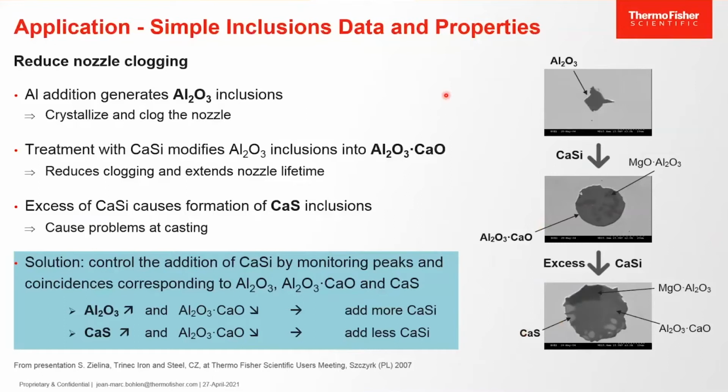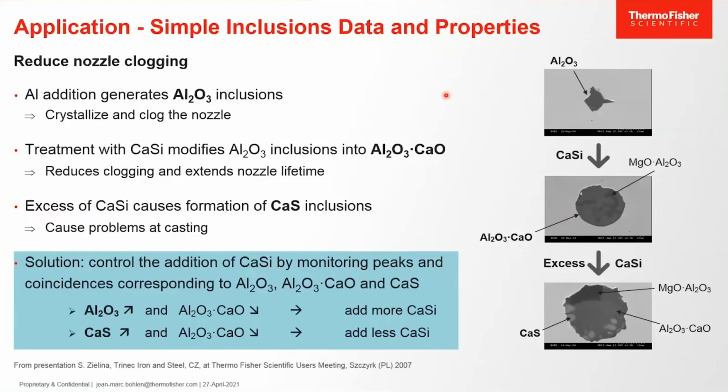So the idea is that when aluminum oxide inclusions increase and calcium aluminate inclusions decrease, you have to add more calcium compounds, and when calcium sulfide increases and calcium aluminate decreases, less calcium compounds have to be added in order to have a smooth process.